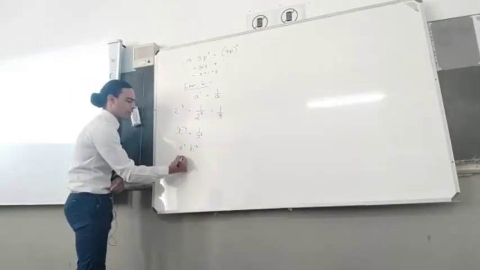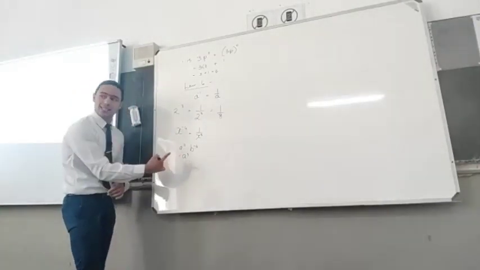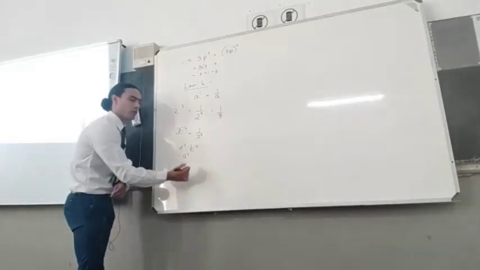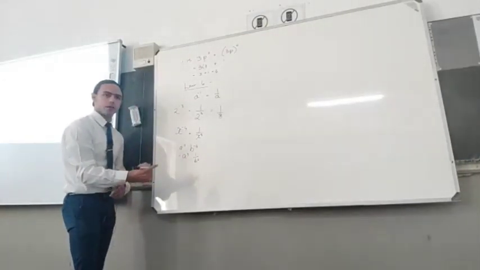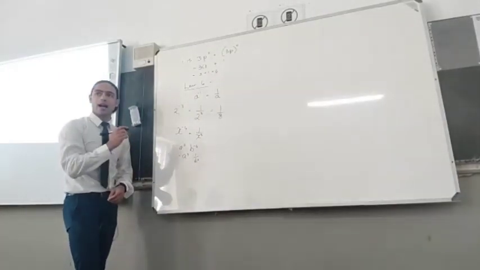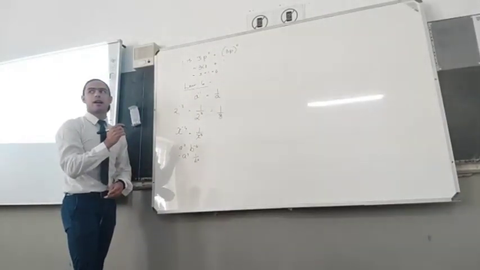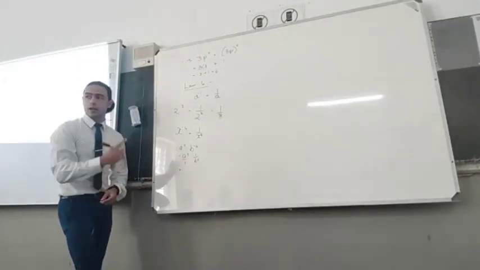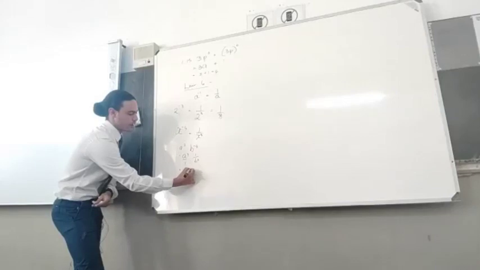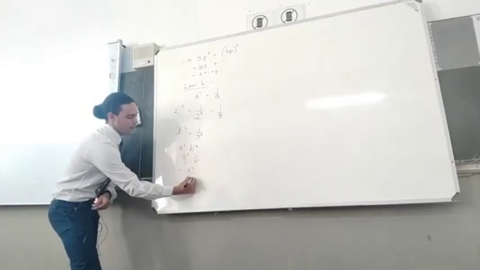So that becomes a to the power of 3, which stays the same, and it's now multiplied with 1 over b to the power of 4. So now we're back at fractions, and a to the power of 3 can be written as a to the power of 3 over 1. We just multiply that. So our final answer is a to the power of 3 over b to the power of 4.